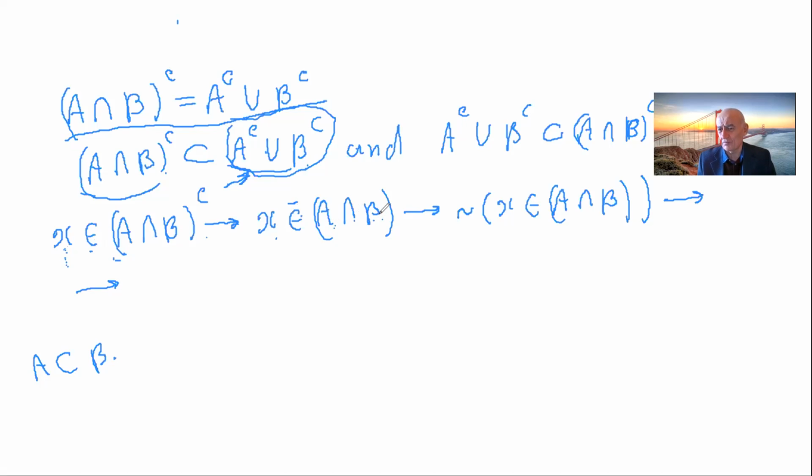This is just the definition of complement of a set. So X does not belong to A and B. What does it mean? It means that X belonging to A and B is not true. In other words, we have the negation that X belongs to A and B.